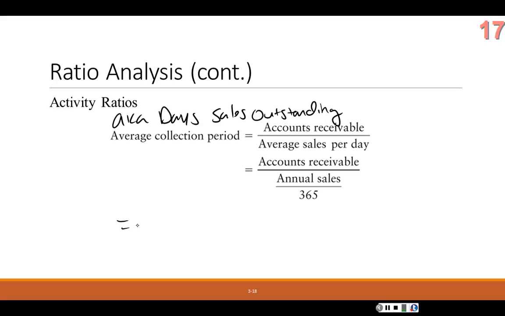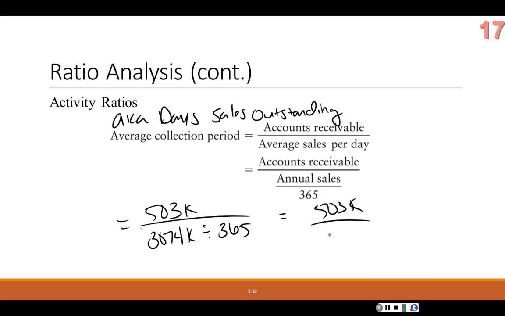We see that accounts receivable is 503, found on the balance sheet. And we divide that by annual sales found on the income statement, 3,074 over 365. If you work this out, you'll have 503,000 over 8,422, and that's equal to 59.7 days.